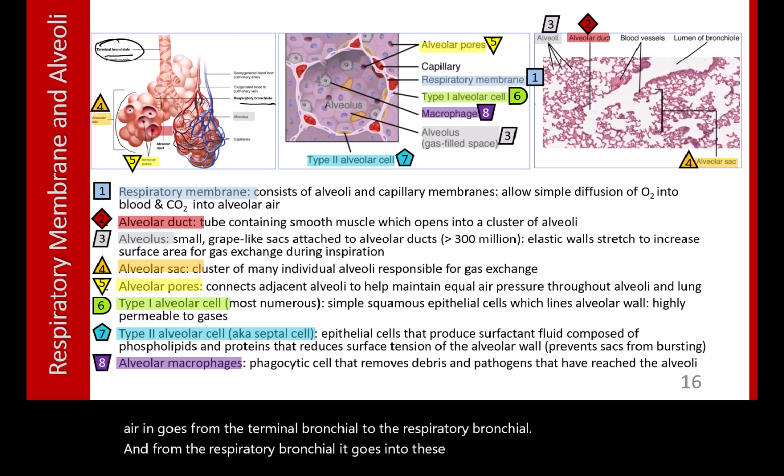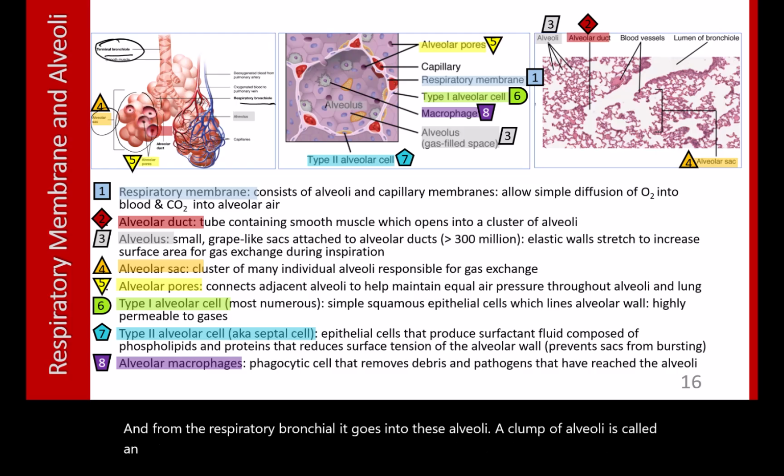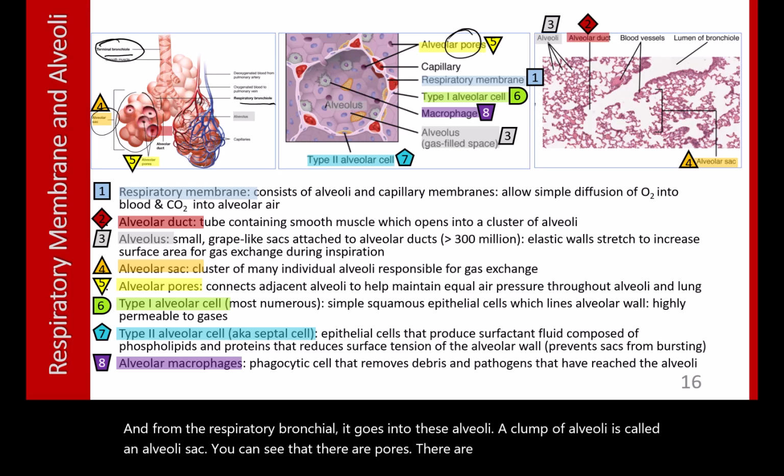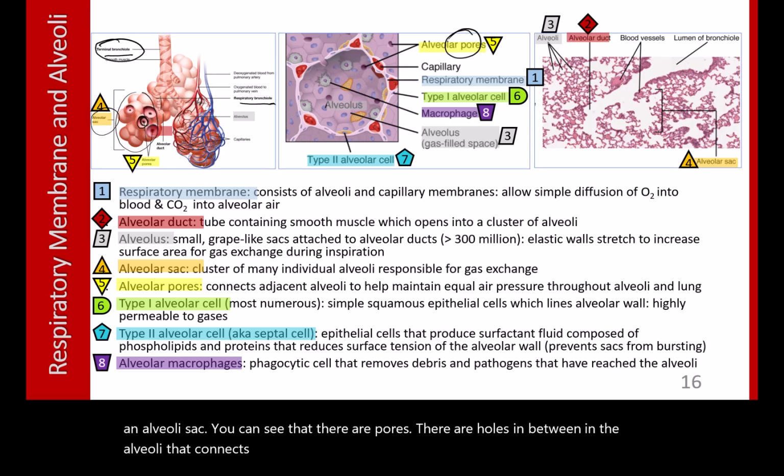And from the respiratory bronchiole, it goes into these alveoli. A clump of alveoli is called an alveolar sac. You can see that there are pores, holes in between the alveoli that connect this alveolus to the one next to it, and that one to the one next to it.